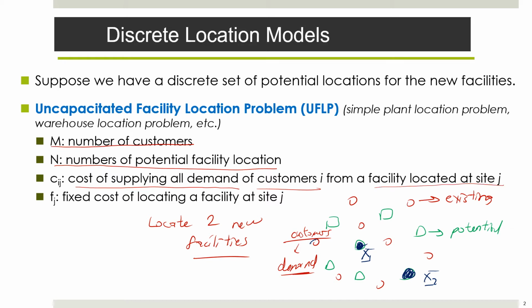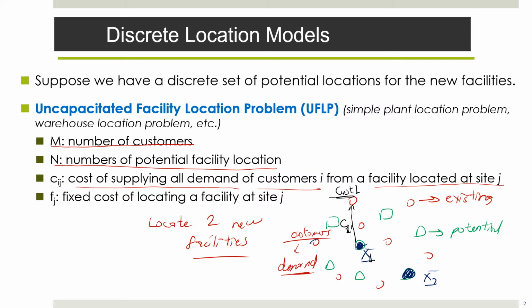What does it mean? Let me explain. Let's assume that this is customer 1. If we satisfy the demand of customer 1 from this facility, there is a cost. We represent it with C, C_ij. Let's say this is not the first new facility, but the first potential location. Then the cost will be C11.